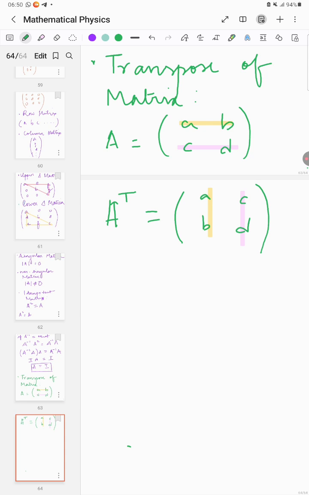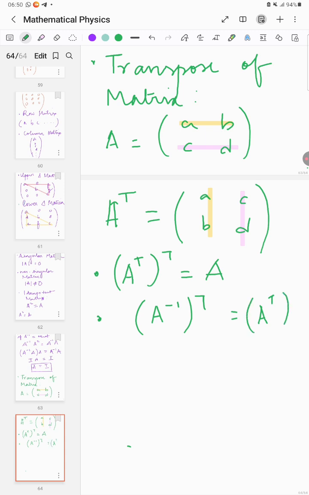Now let us look into some of the properties of transpose. So what are the properties of transpose? A transpose and transpose of that will give us A. A inverse transpose will give us A transpose inverse.